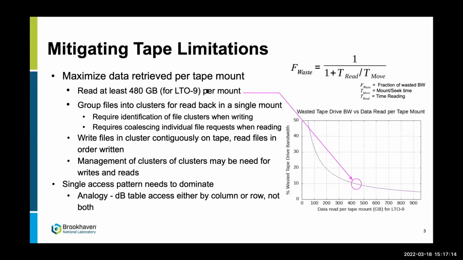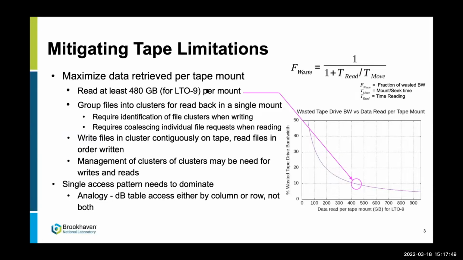So to deal with the long seek times and the latencies associated with tape mounts, the thing that you're trying to maximize is the amount of data that you retrieve per tape mount, right? And so you can actually calculate the effective utilization of that tape drive, or the effective bandwidth that you can get from a tape drive, based on the amount of data that you're going to retrieve per tape mount, right?